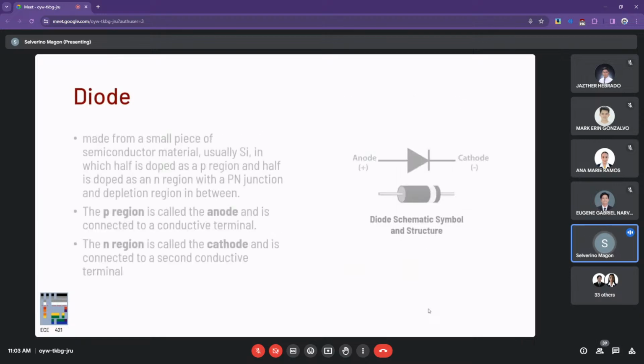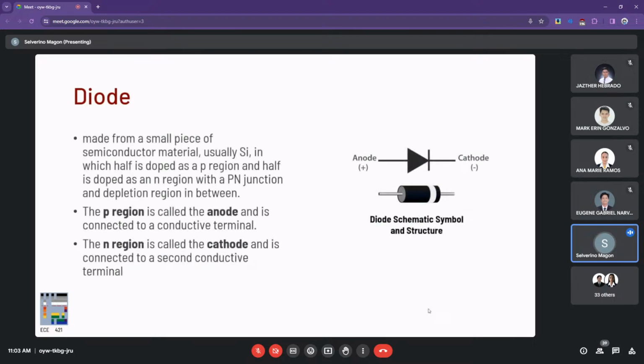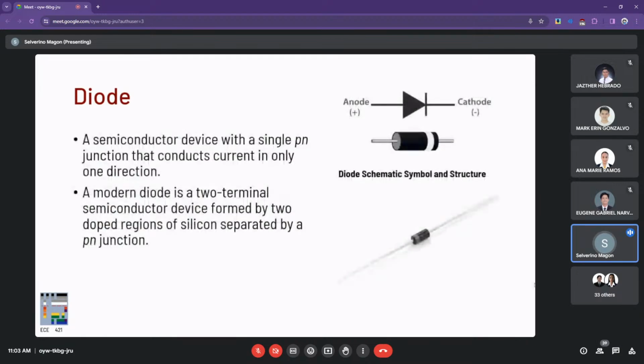The actual semiconductor material is even smaller than this device right here. I think you've seen this before, but much of what you can see in that black thing right there is the enclosure itself.